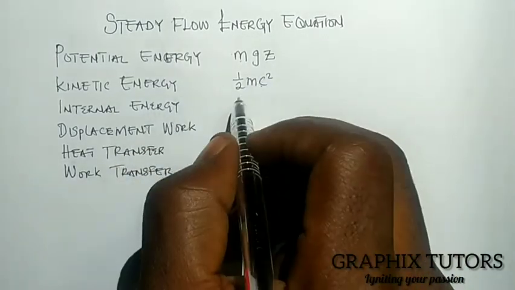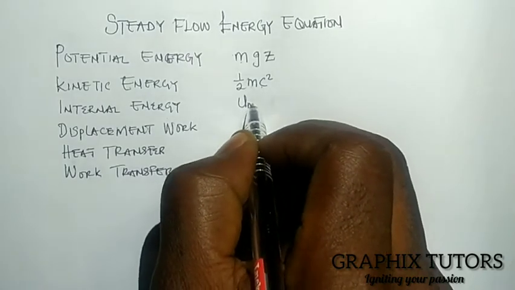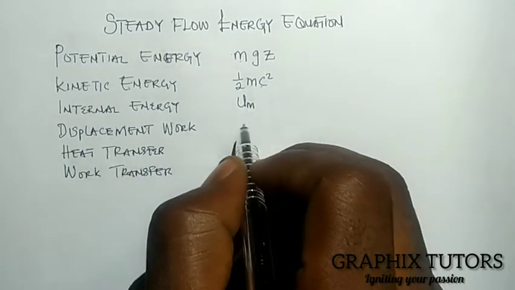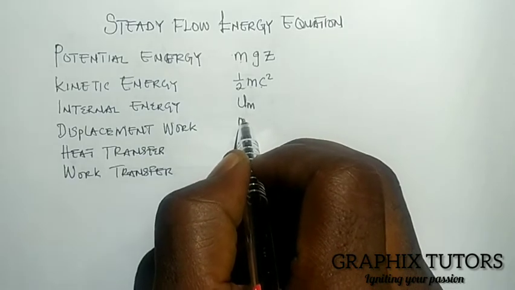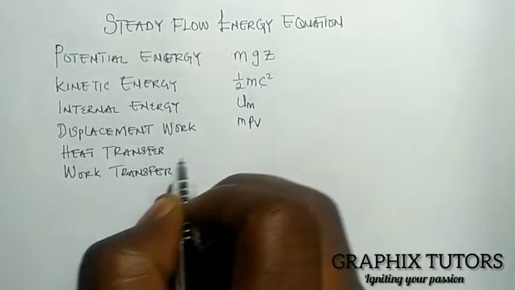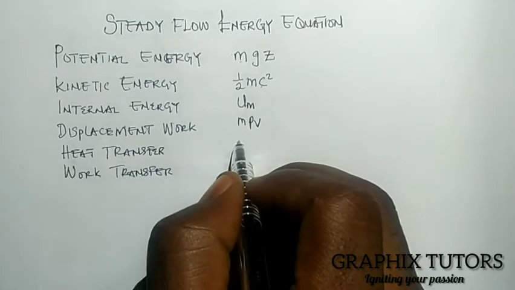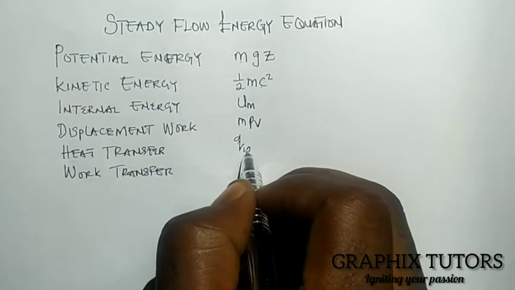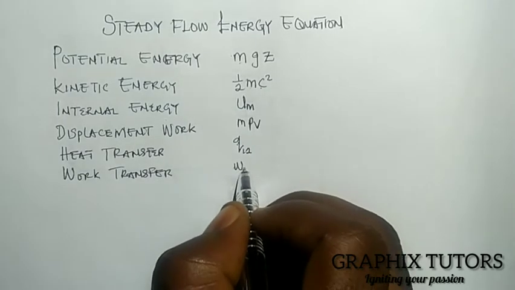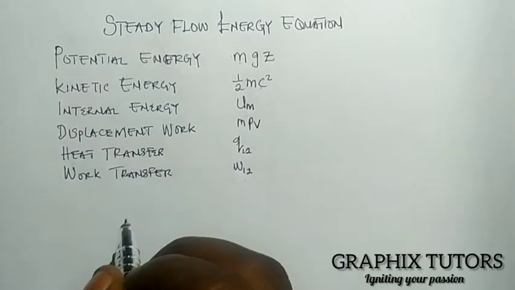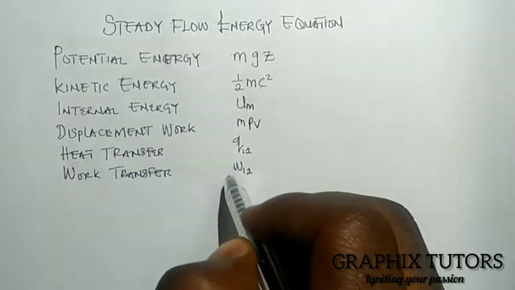Next we have the internal energy, the displacement work, which gives us mPV, then the heat transfer, which gives us this, then the work transfer, which gives us this. Very good.